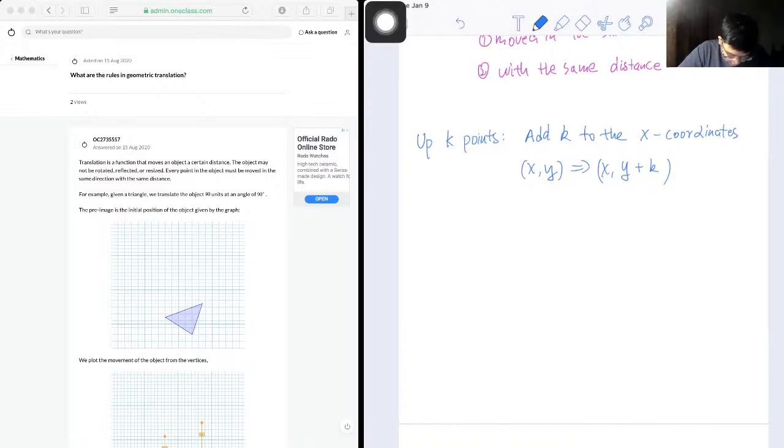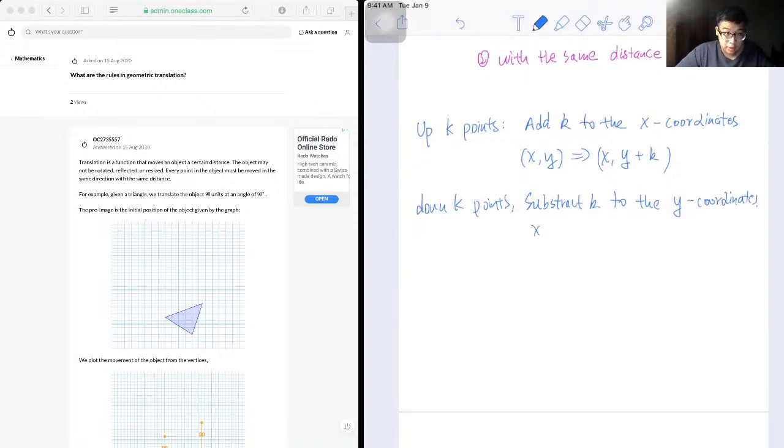And if we want to move it down k points, we just need to subtract k from the y coordinate. So that becomes x, y minus k.